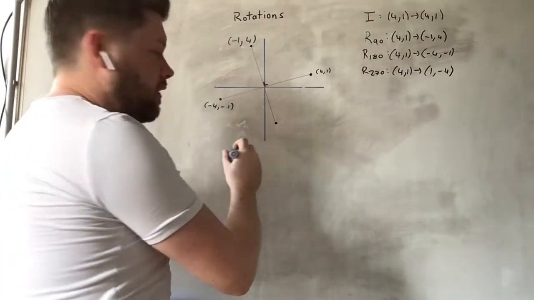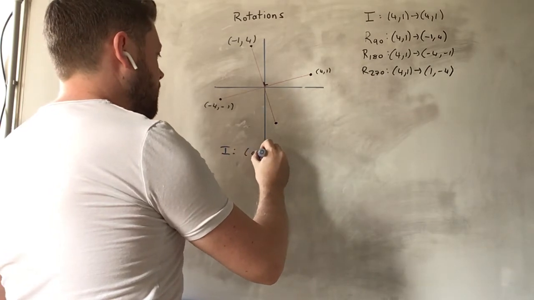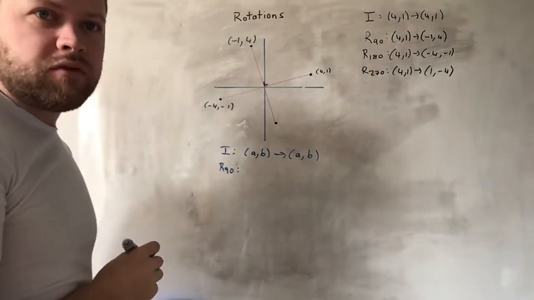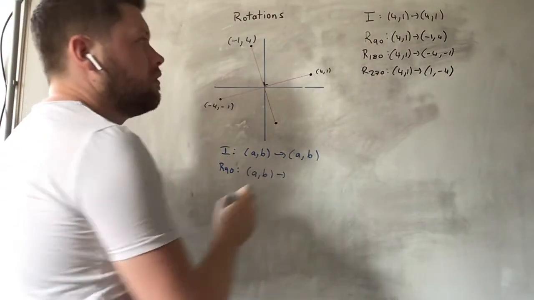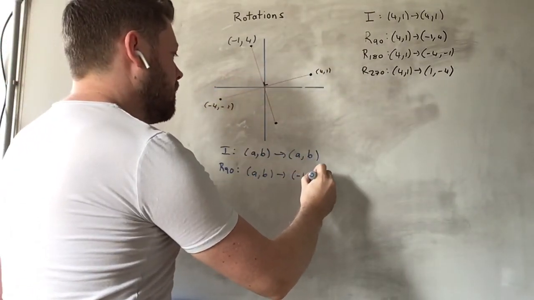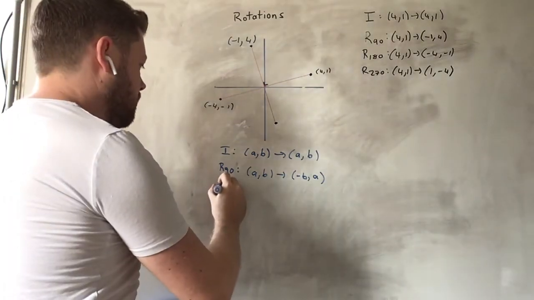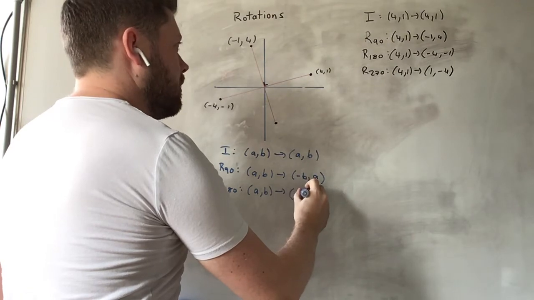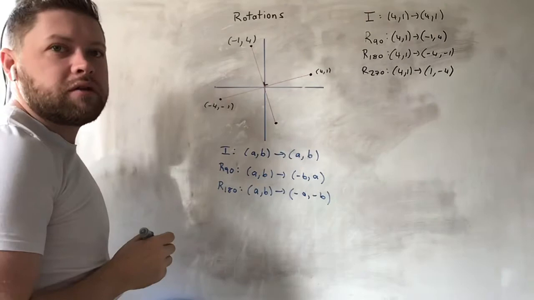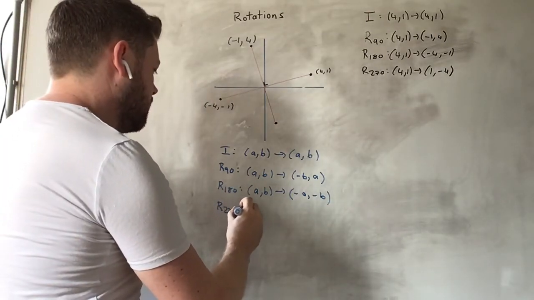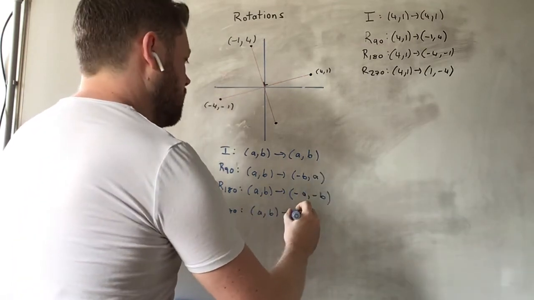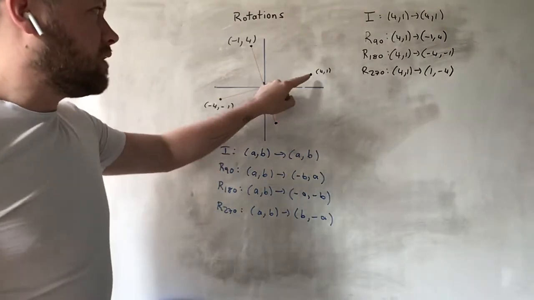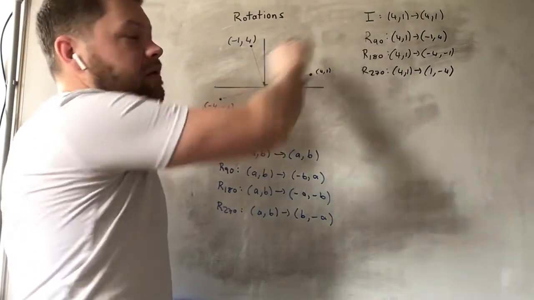The identity element sends the point A, B to the point A, B. The rotation of 90 sends A, B to minus B, A. Rotation of 180 sends A, B to the point minus A, minus B. Then R270 sends the point A, B to B, minus A. Obviously we could do rotation of 360, but that would bring us back to the beginning, and it's the same as the identity element.